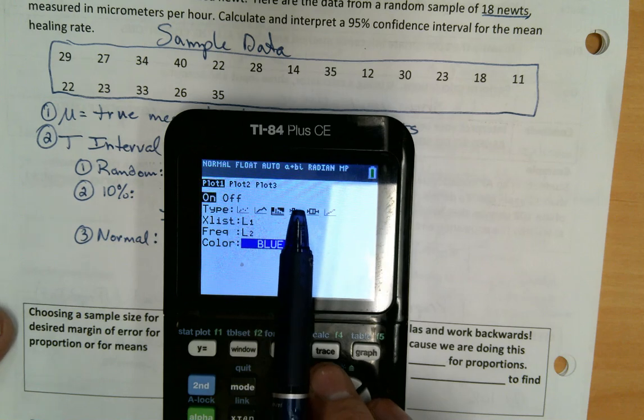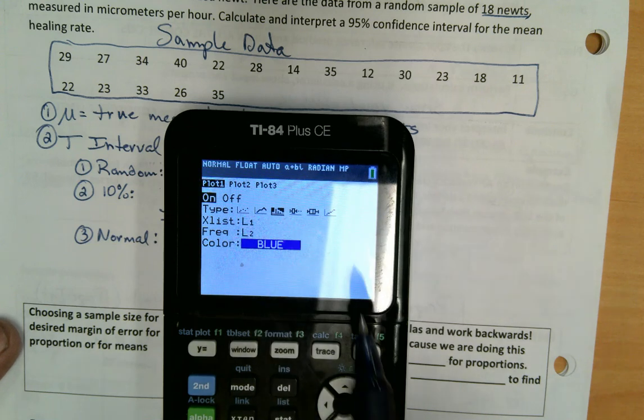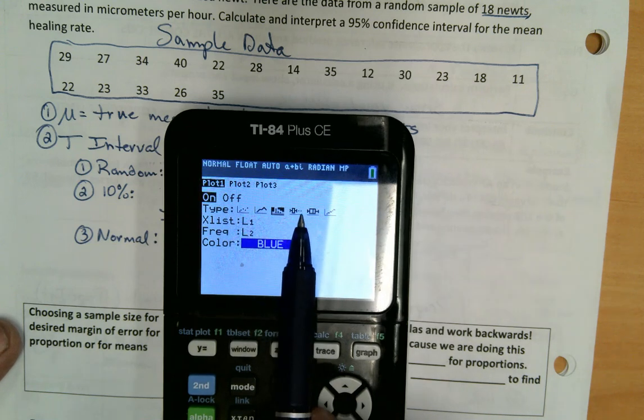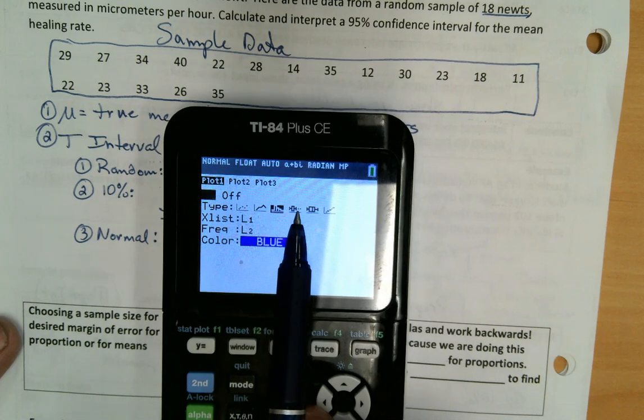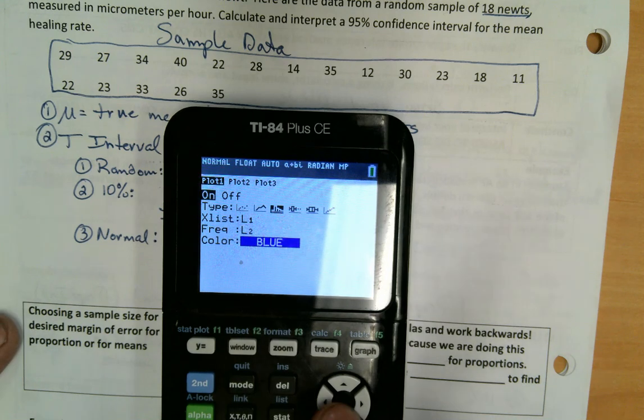Why do you think I would recommend using this modified box plot? Because it shows outliers. Remember, on that modified box plot, those dots over there are possible outliers. And so this modified box plot shows outliers, whereas a histogram won't. Okay, so I would highly recommend using the modified box plot.